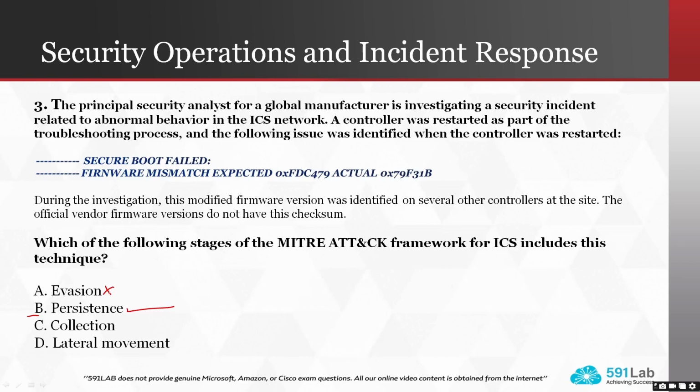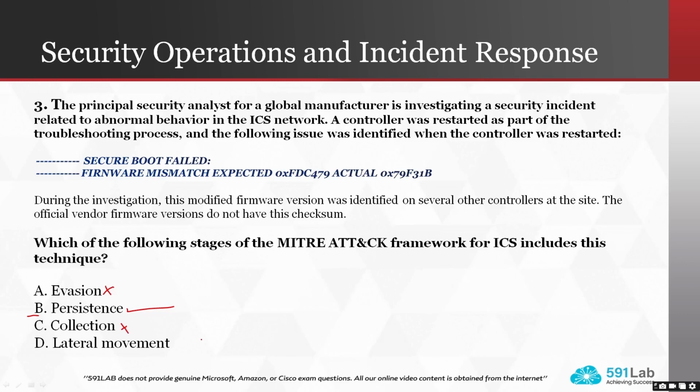Evasion is a technique typically focused on avoiding detection or deceiving security solutions. While modifying the firmware could potentially help with evasion, in this case the focus seems to be on maintaining unauthorized access or being persistent in the system. So evasion could not be the correct answer.